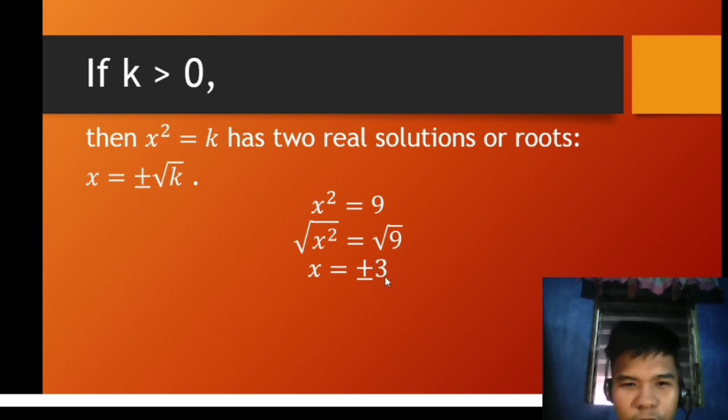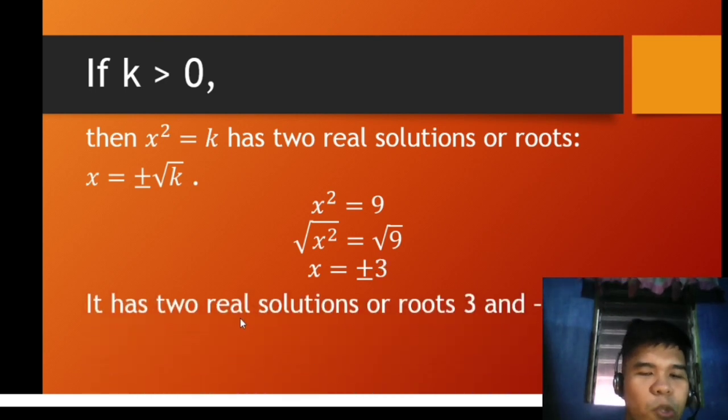So we have two solutions, positive 3 and negative 3, which are considered real solutions or roots. Therefore, it has two real solutions or roots, which are 3 and negative 3.